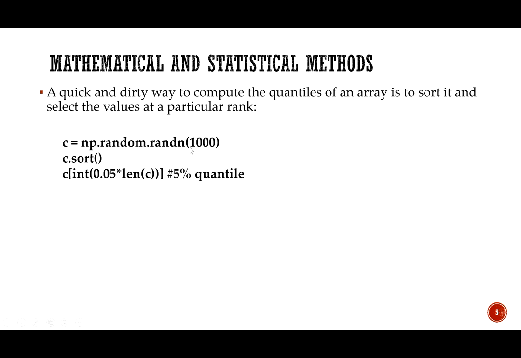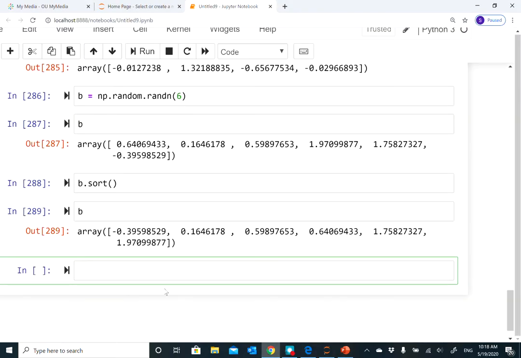We have 1,000 items, we sort them, and then 0.05 times the length of that array returns the 5% quantile. So let's see what it looks like. First, I define a variable named c, np.random.randn. We want to generate 1,000 elements.